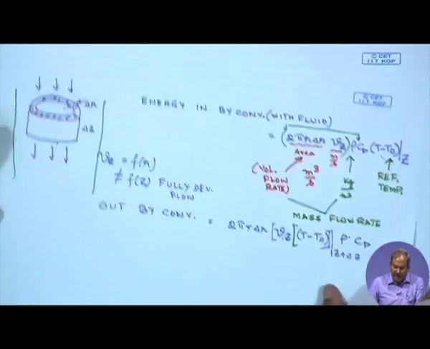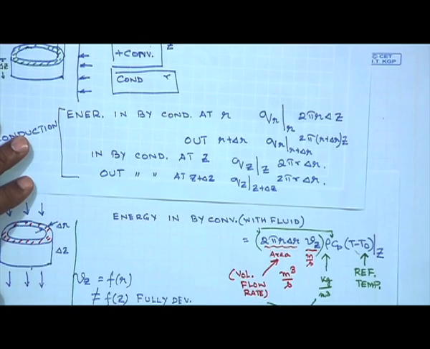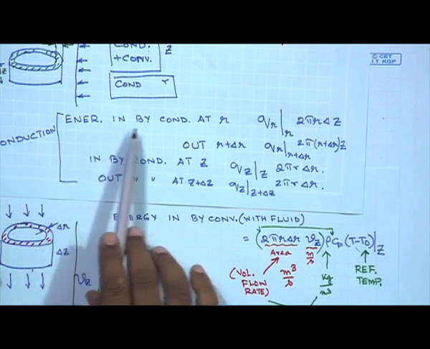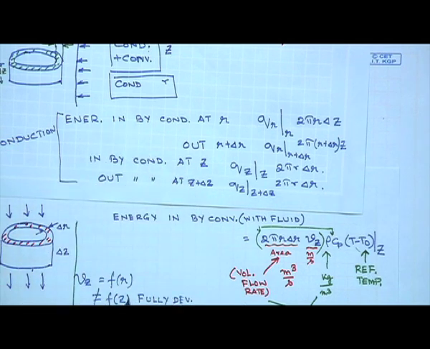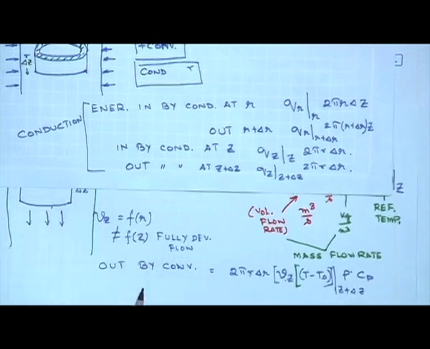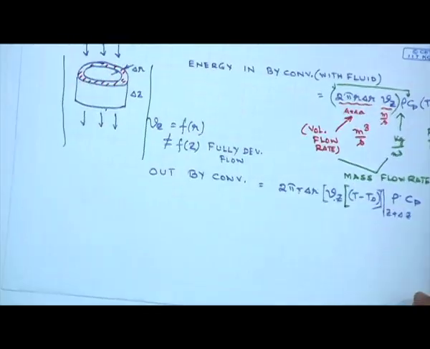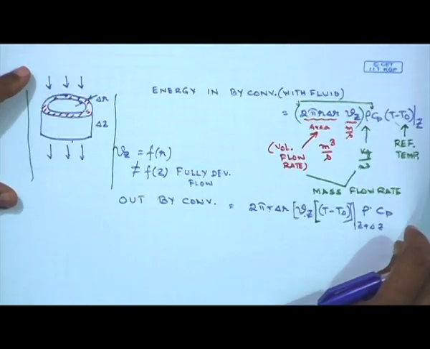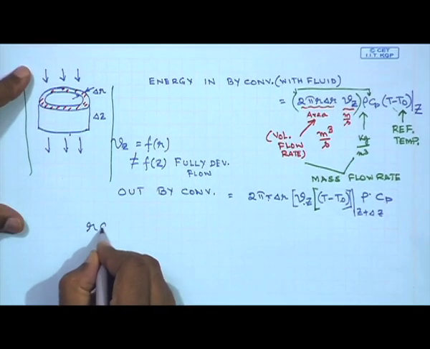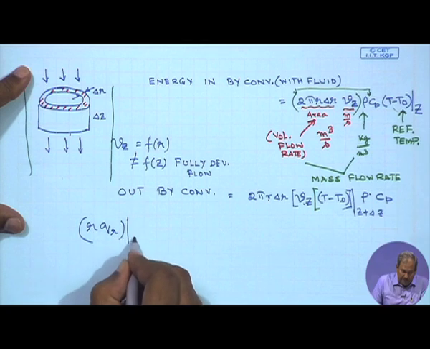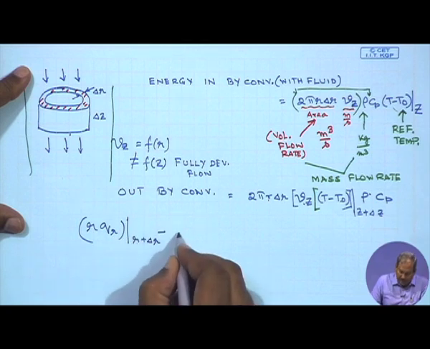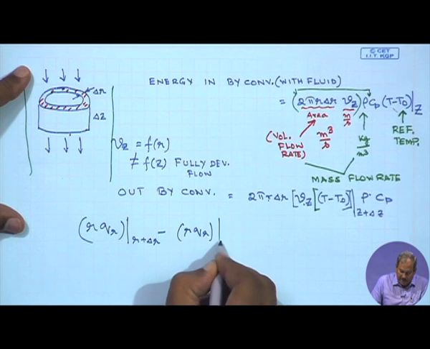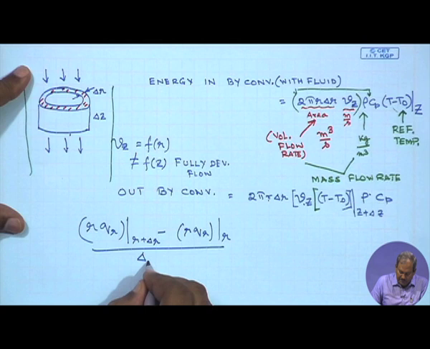So we add all the four terms that we have, that is 4 terms for conduction in and out and 2 terms for convection in and out. So when we do that, and divide both sides by twice pi r delta r, what we get is r q r evaluated at r plus delta r minus r q r at r divided by delta r.